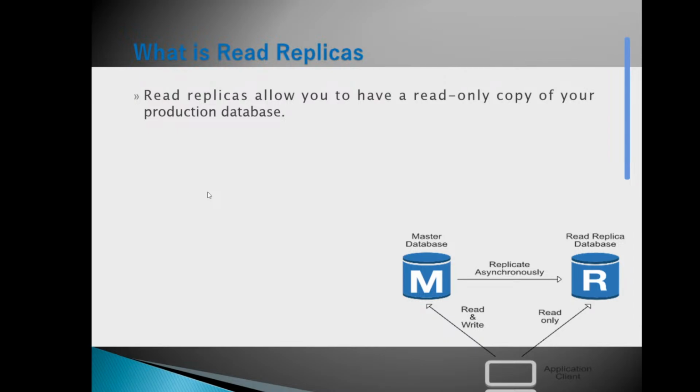That's why read replica comes into the picture. So you create a new database which is a replica of your primary database, and you transfer all the read requests to that database. All the inquiry information will go to that database, and your primary or master database is responsible for only writing the information. You can see from the diagram.